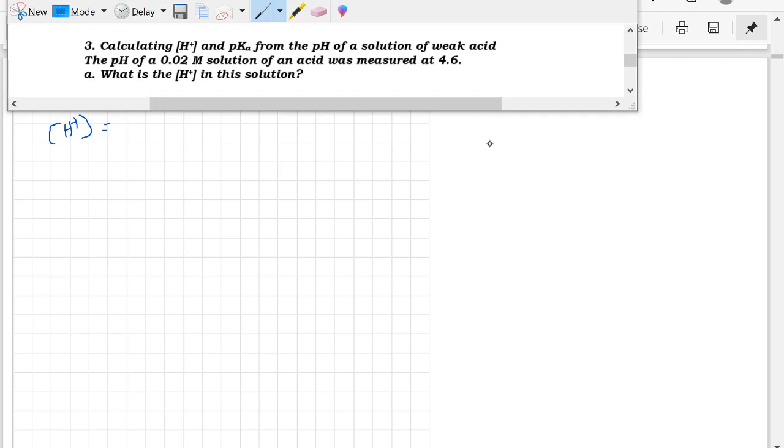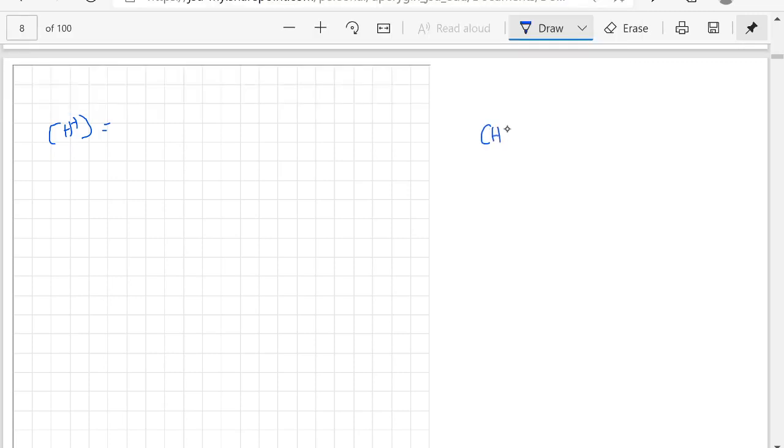So we've got the concentration of the acid. I'm sorry, let me rewrite that. Concentration of the acid is equal to 0.02 molar, and the pH is equal to 4.6.